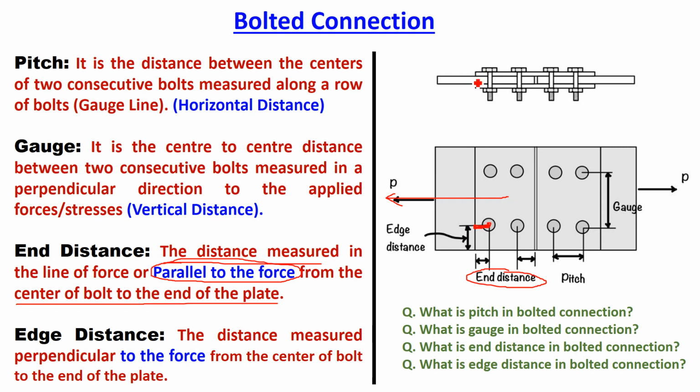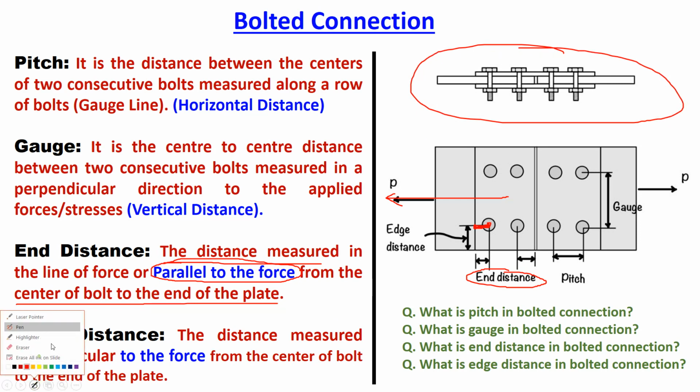Now which are the points representing the end of the plate? There are 4 plates in this connection. If you carefully see, the first plate is this, from this point to this point. So this is one end of the plate which is marked here. Then this is the other end of the plate. Then the second plate is this, the end of the plate is here, the end of the plate is here.